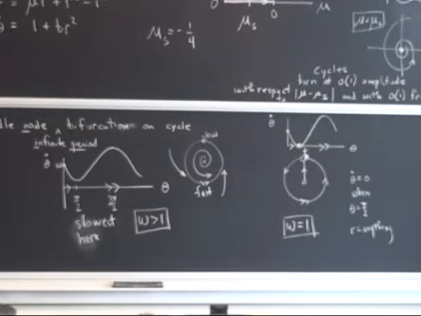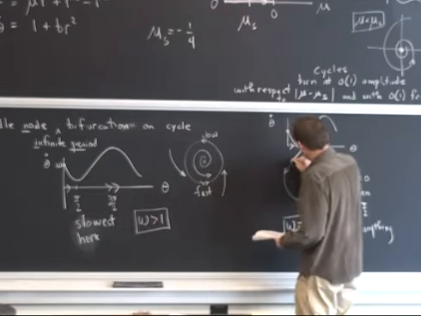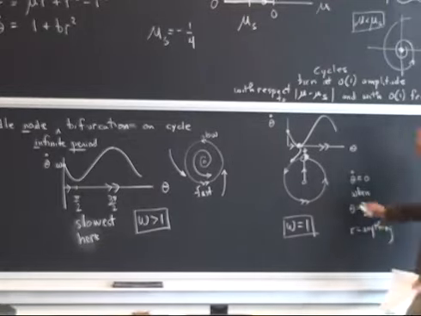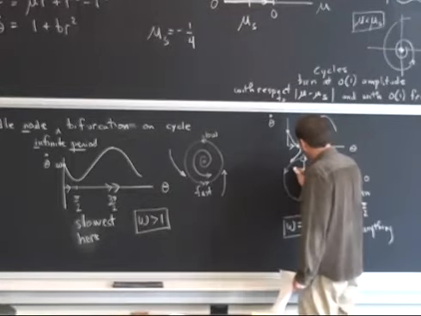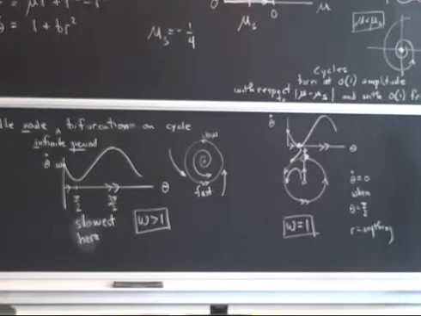And then the remaining trajectories you can kind of get by just thinking about them. They have to look sort of like this. You know, they're going to approach r equals 1 from the inside and the outside. So there's that, and then in here we would go sort of like this, and then be running around on the cycle.